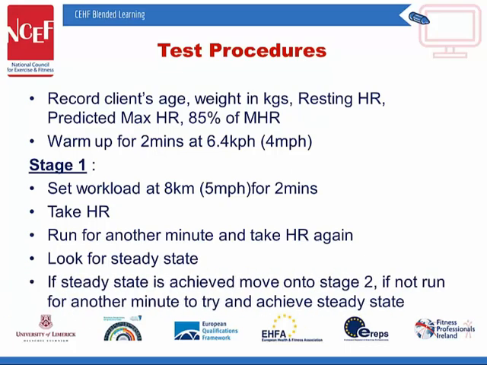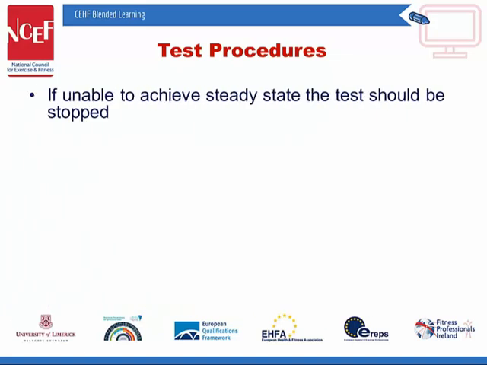If steady state is achieved, move on to stage 2 as I said, but if not, run for another minute to try and achieve steady state. So go for minute 4 and try and achieve steady state. If steady state is not achieved at all, you must stop the test. So if unable to achieve steady state, the test should be stopped. If steady state is achieved, we'll move on to stage 2.